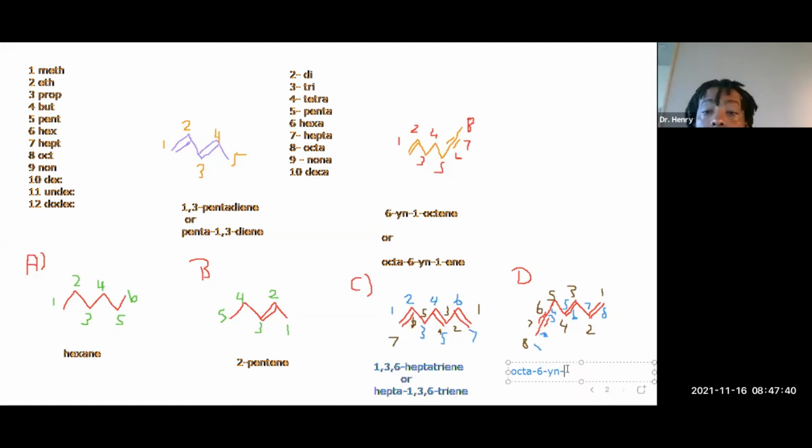Okay. So then we have two double bonds. So where are those double bonds located? That's right, 1 and 3. So we go 1, 3, dash, and then since there's two double bonds, what prefix would we use to represent 2?